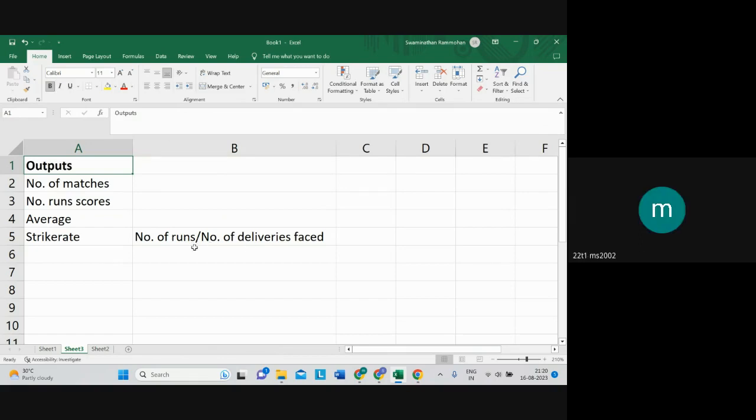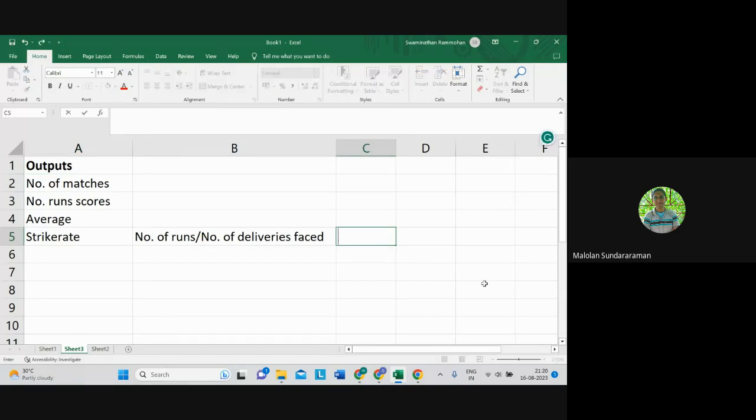Let's say he's faced 10 balls and he scored 20 runs. So 20 by 10 into 100, that is going to be 200%. Understood. So his strike rate is 200%. Okay, I understood that. So this is the strike rate.